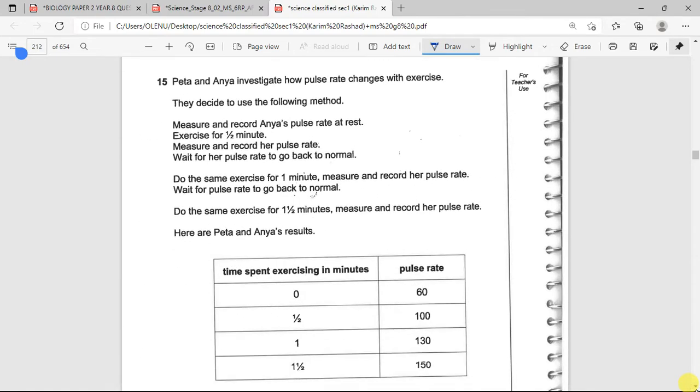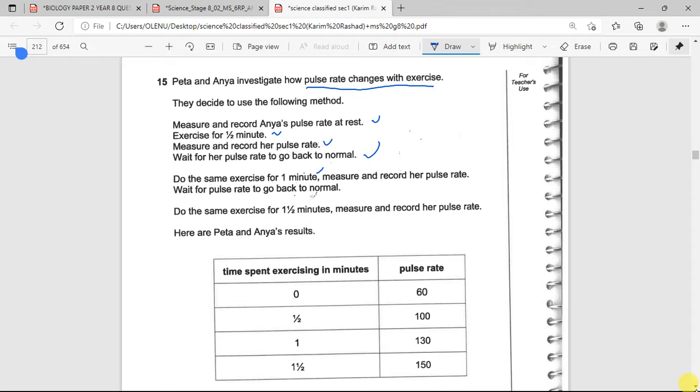The next question: Peter and Anya investigate how pulse rate changes with exercise. They decide to use the following method. Measure and record Anya's pulse rate at rest. Exercise for half a minute. Measure and record the pulse rate again. Wait for her pulse rate to go back to normal. Now they do the same exercise for 1 minute. Measure and record her pulse rate.